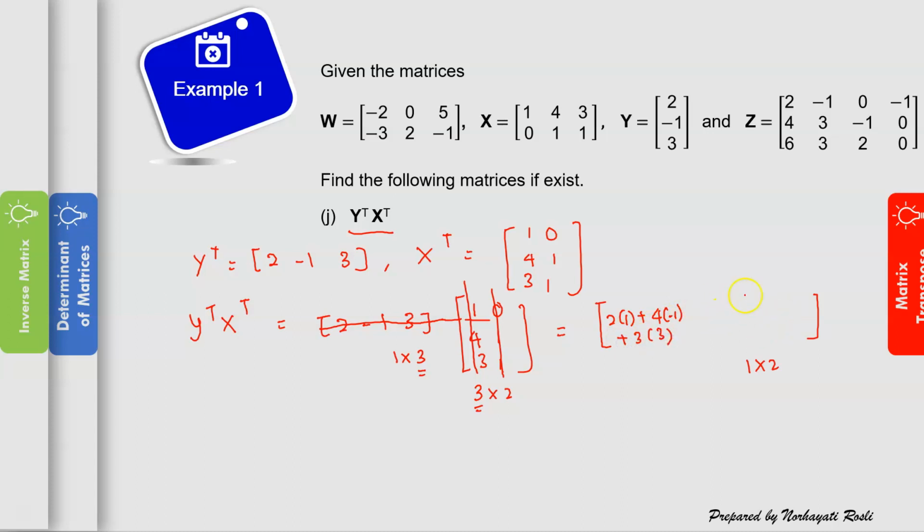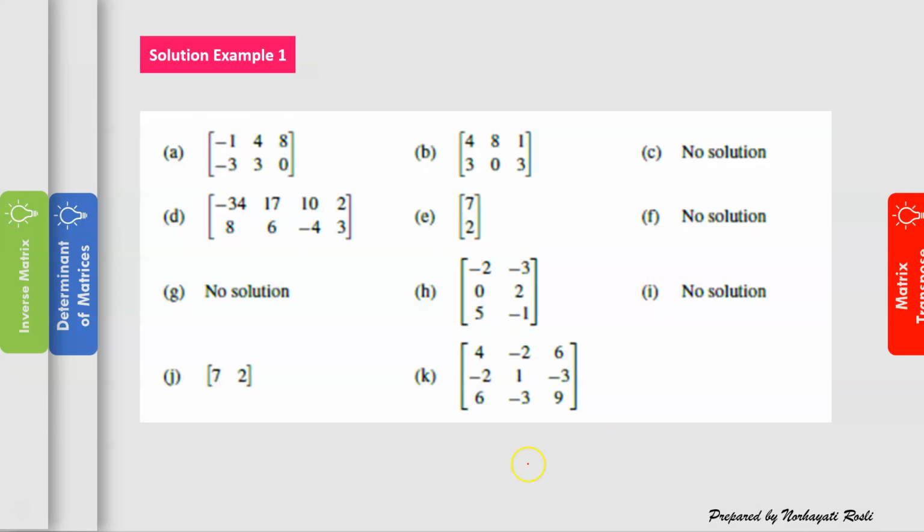And then for the second column, it is 2 times 0 plus negative 1 times 3 plus 3 times 1. So when we solve this, we get the answer [7, 0]. The solution for example 1 is given by all these. You can do this as your exercise, then double check the solution.